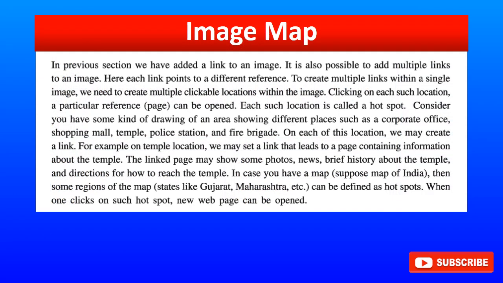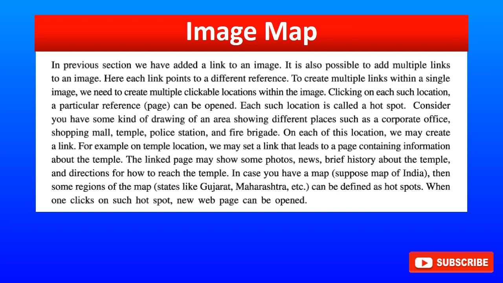So now we are going to learn something more interesting. The first thing we learned in this video was to create an image as a hotspot, right? Now further we are going to learn how to create multiple links on a single image. That is, here each link points to a different reference.